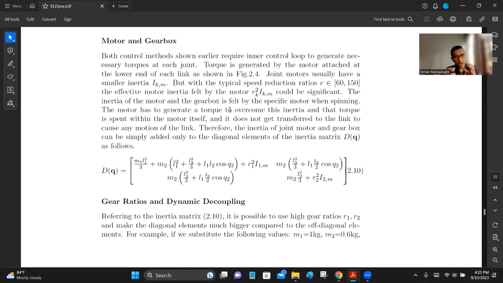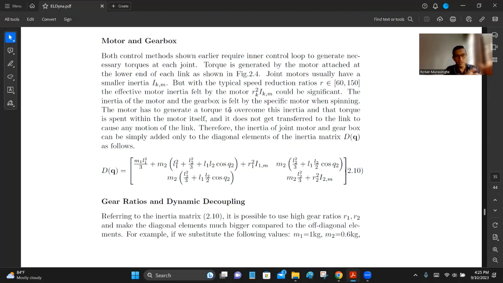But that particular part of the torque that the motor has to generate to drive itself and drive the gear wheel at a certain RPM does not come to the link and cause any motion. So that torque is already spent within, it's an overhead. It's already spent within the motor and gearbox. It doesn't come out of that to the link.